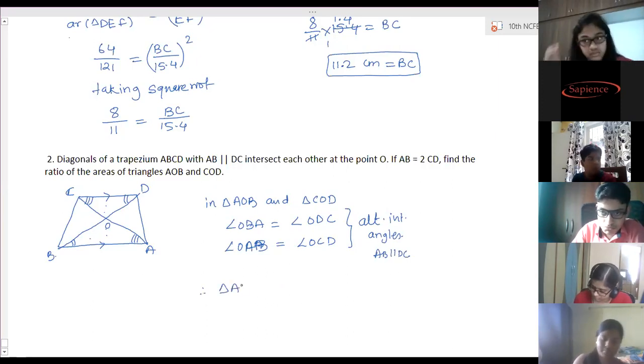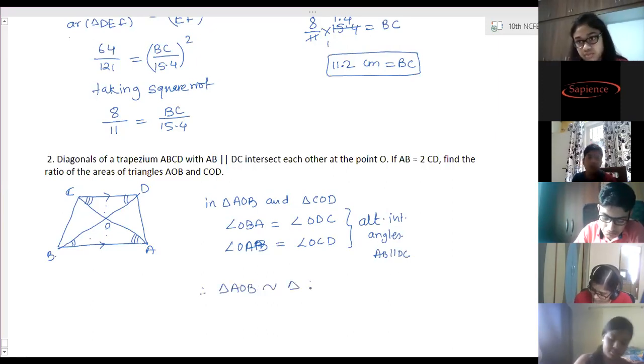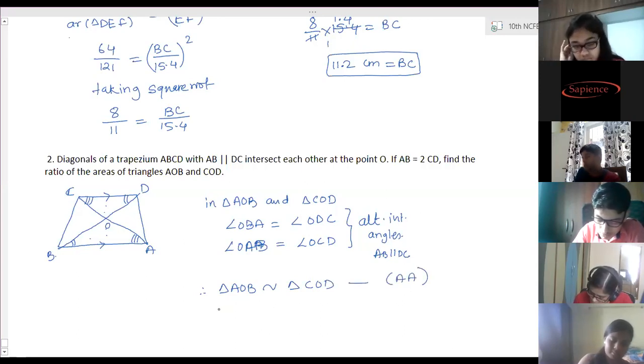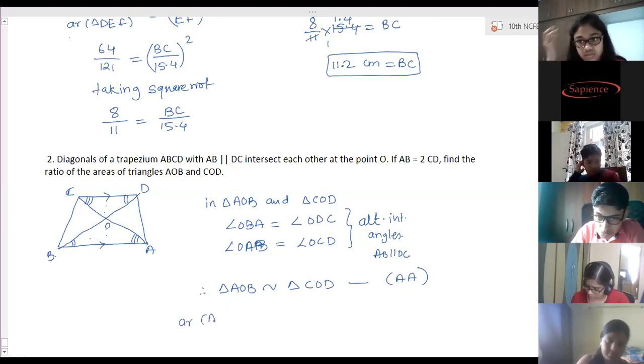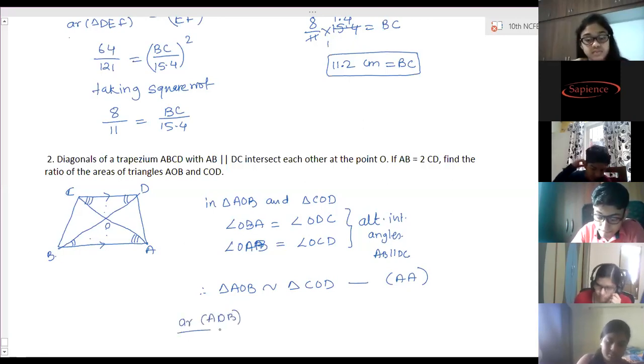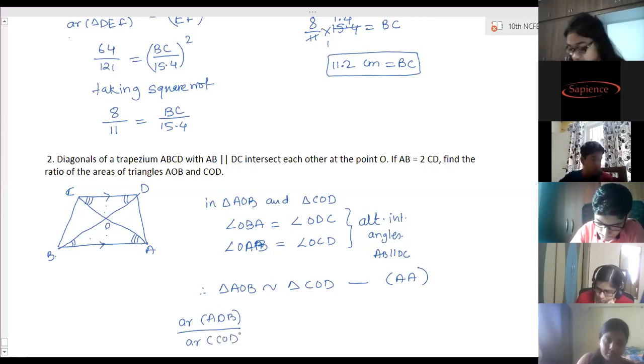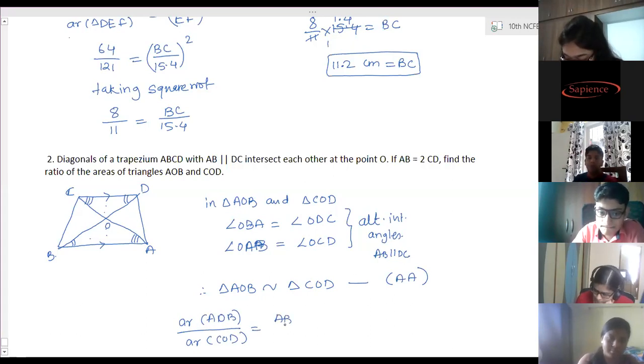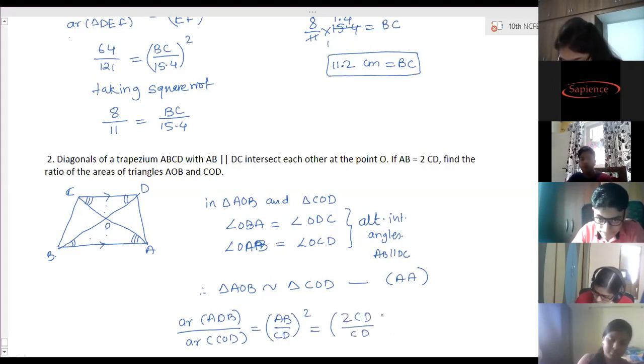So therefore, triangle AOB is similar to triangle COD by AA similarity. And then we can take the ratio as area AOB by area COD is equal to AB by CD whole square. AB is 2CD, they have given, by CD whole square. CD gets cancelled. So 2 by 1 whole square is 4:1.